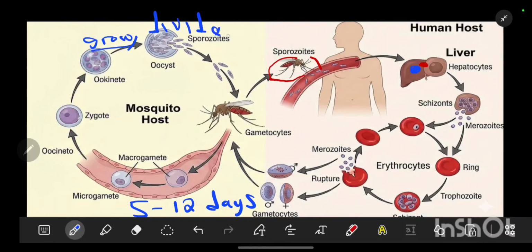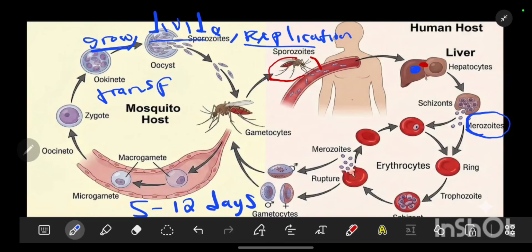After replication has taken place, they now transform into what we are going to call merozoites.